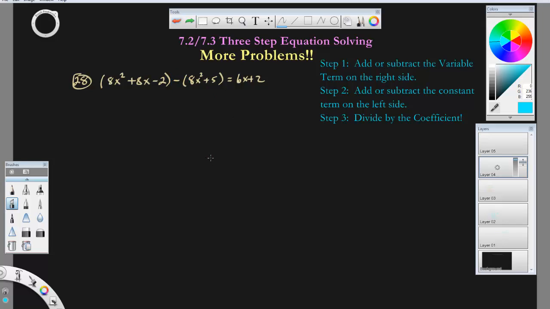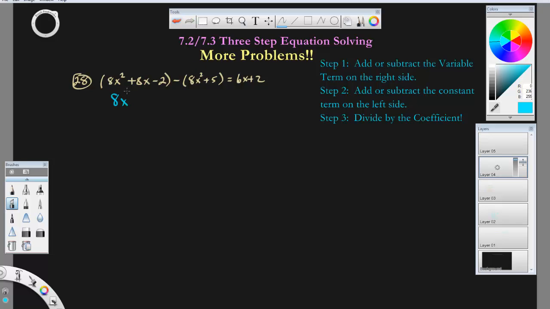I see this every single day, and let me show you how to do this. We need to distribute this negative sign through this. It's kind of like there's a negative 1 here that gets distributed like that. Okay? But a lot of people don't learn it like that, so I'm going to show you how to handle this.